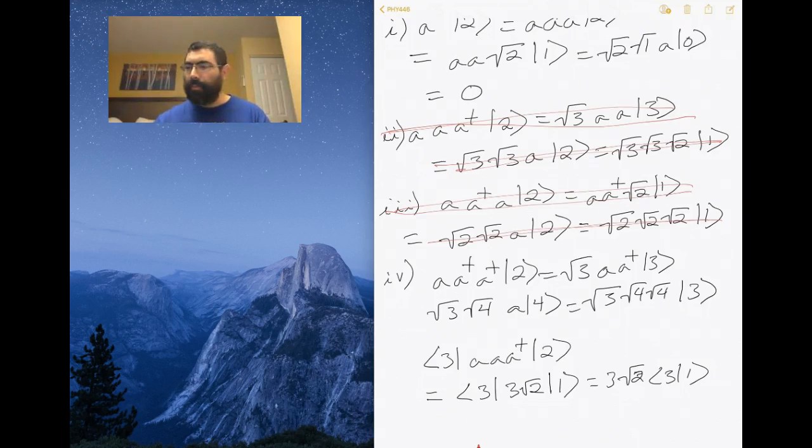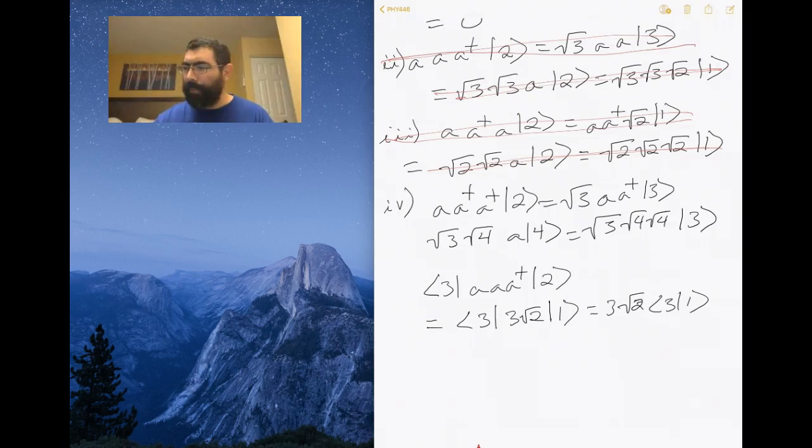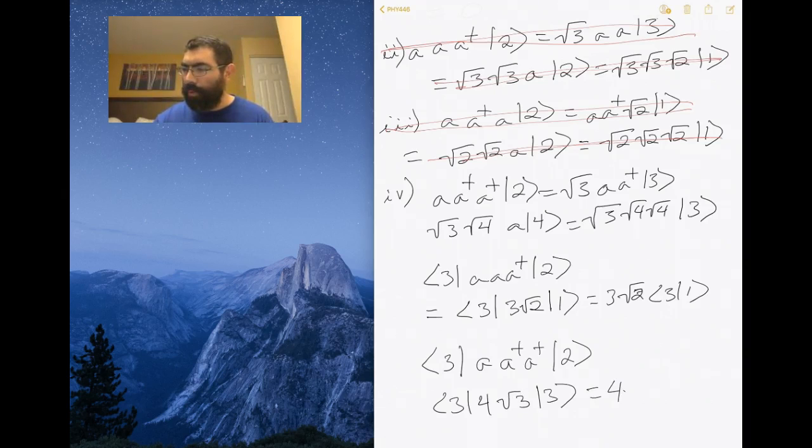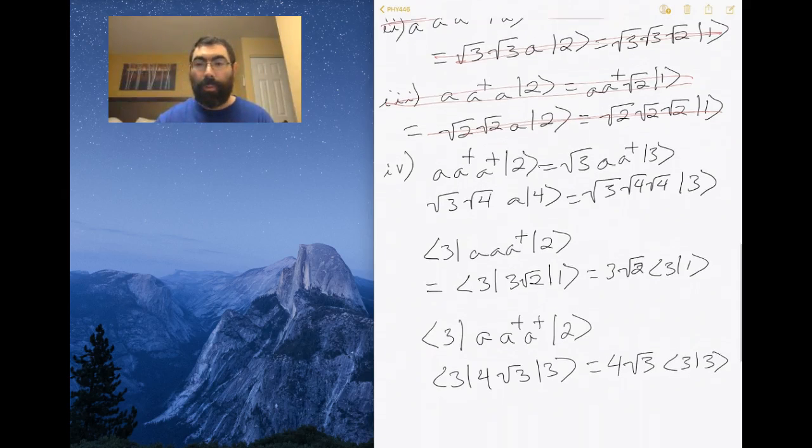And so then, the fourth term now, I'm going to take state 3, a dagger, state 2, which I said was 3, 4 square root of 3 back to 3, 4 square root of 3, 3 projected on 3, which gives me a 1.